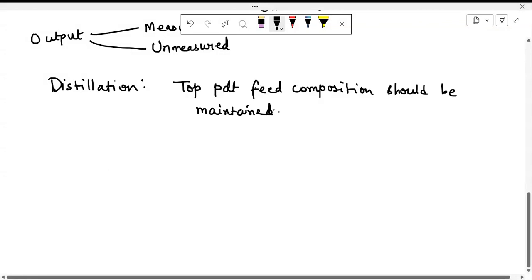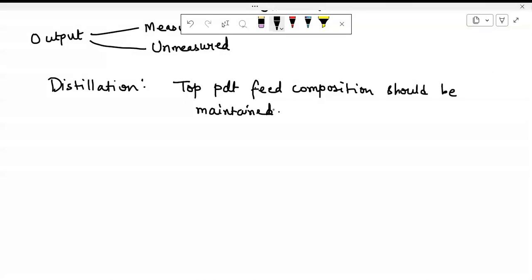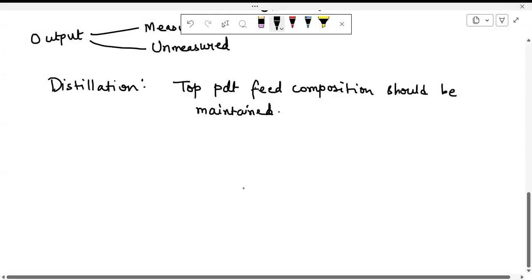But this feed composition output cannot be measured directly, or if it is affecting some downstream process, then that cannot be measured directly. So then it will fall under the category of unmeasured process variable. If this top feed composition is disturbing some process further down the line, then we will call them unmeasured disturbances. And if this is the final outcome of the process and we need to maintain it at a certain level, then we would call this an unmeasured output.